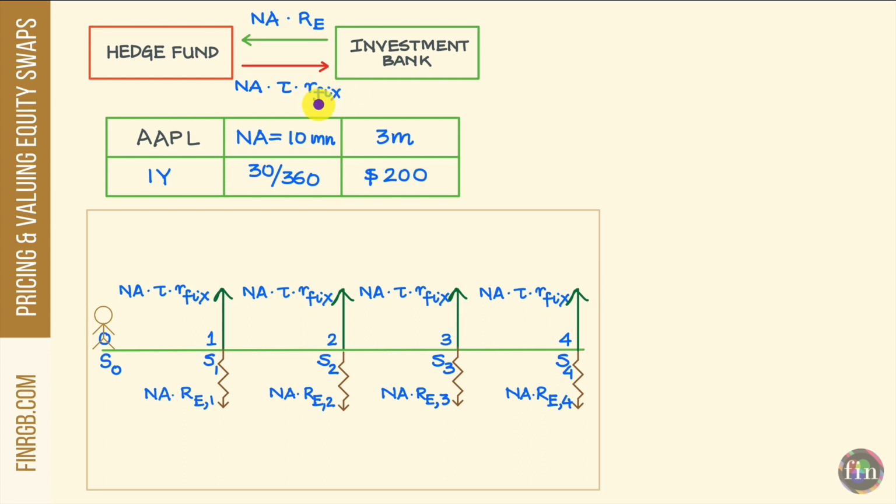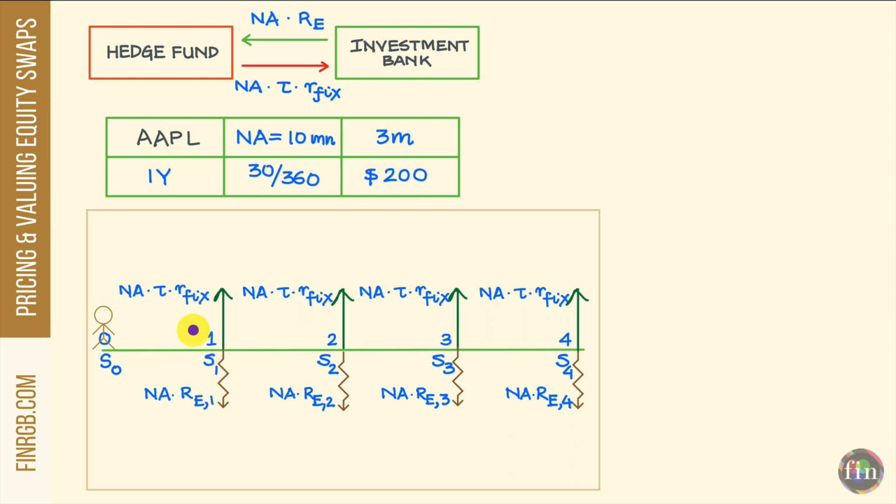For this purpose, what I have done is that I have drawn out the cash flow diagram for this equity swap from the investment bank's perspective. Recall that the maturity of this equity swap was 1 year, and exchanges between these two parties happened every 3 months. Therefore, in total, we have these 4 settlements or exchanges happening.